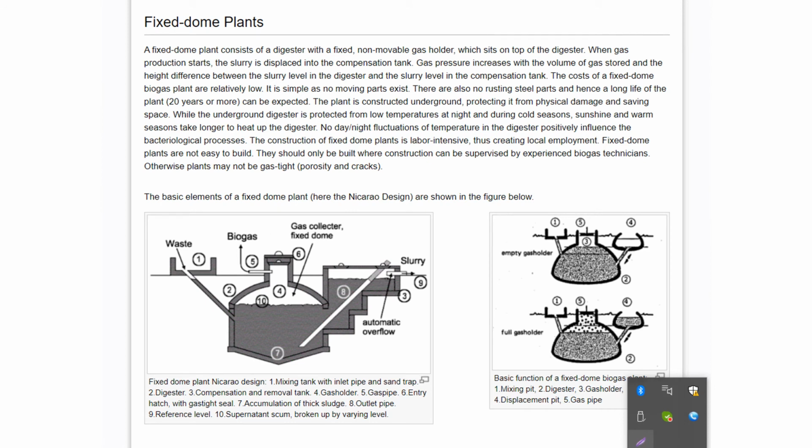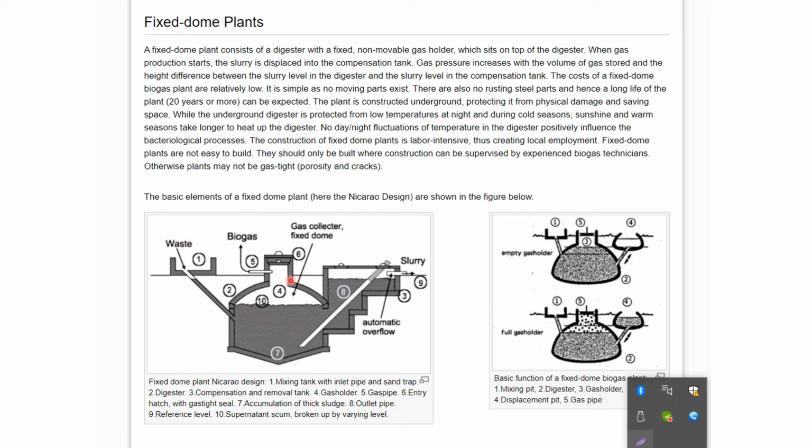Now, a fixed dome type biogas plant consists of a digester which is a fixed one, and a non-movable gas holder. So you can see here this is a non-movable gas holder which sits on the top of the digester. This is the digester system, and this is the gas collector.